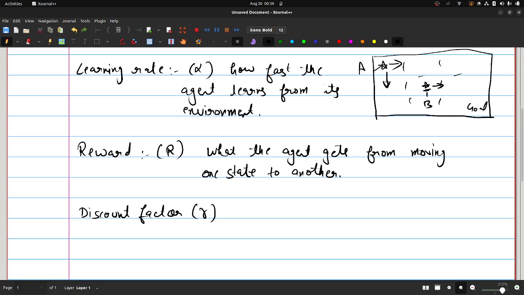The discount factor determines how much importance you give to your nearest reward or your future rewards. It can also happen that your optimal path goes from here instead of from here, which seems logical, but may not be the optimum path for this agent to reach its goal. So the discount factor balances between the nearest or farthest rewards.